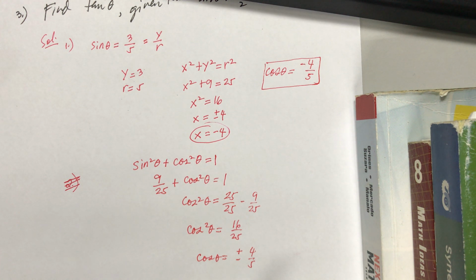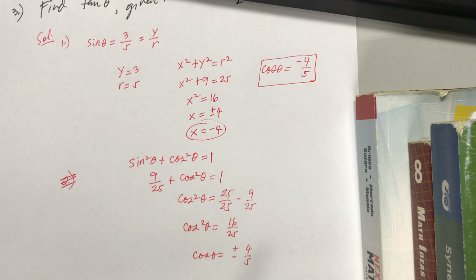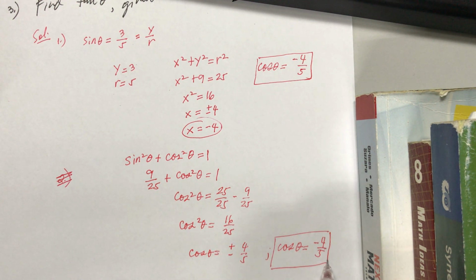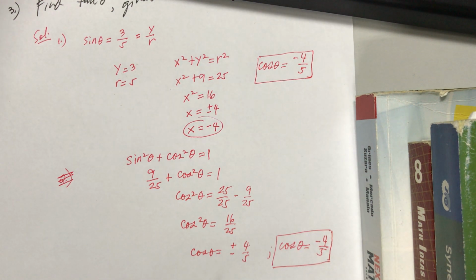Cosine theta must be negative 4 over 5. Actually, cosine in quadrant 2 is negative, which I will be explaining in a separate video later on. Okay. So, cosine theta is negative 4 over 5.